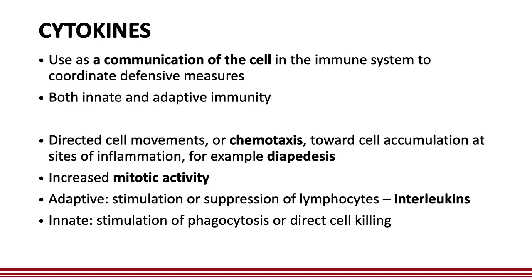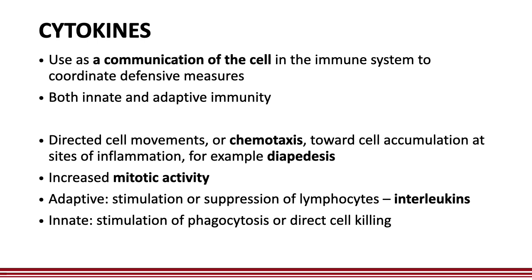Now, cytokines are a wide variety of chemicals in the body, and they act as communication chemicals of the cells in the immune system to coordinate defensive measures. They fall under both innate and adaptive immunity.